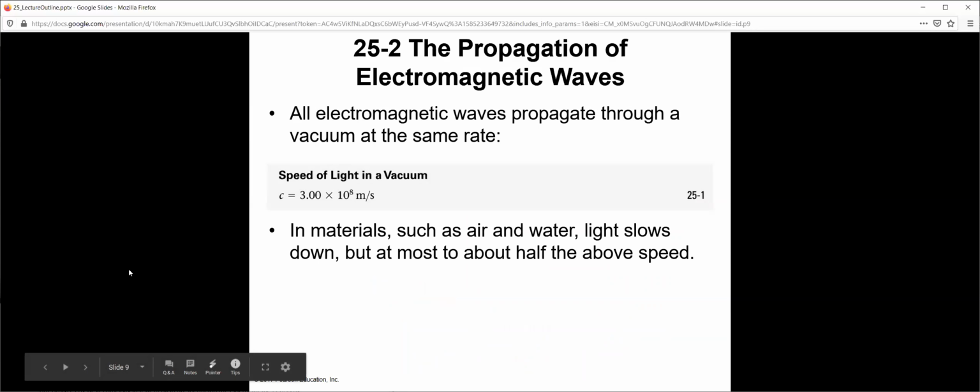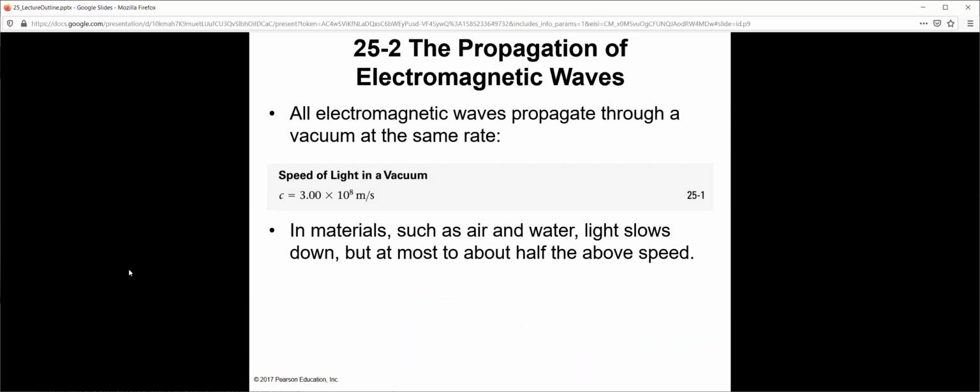Right? All electromagnetic waves propagate through a vacuum at the exact same speed, the speed of light, which is 3 times 10 to the 8th meters per second. You're going to commonly see that in literature as 3e8, e being times 10. And that is a number that, honestly, it hurts you not to know. It's very useful information. So that is the top speed of electromagnetic radiation, light being one of those.